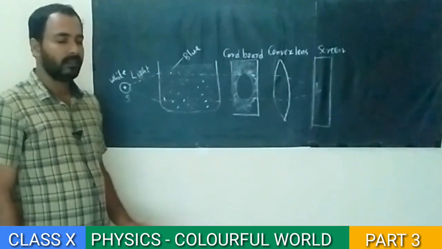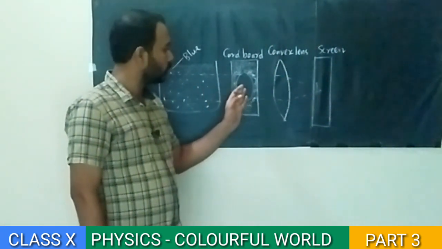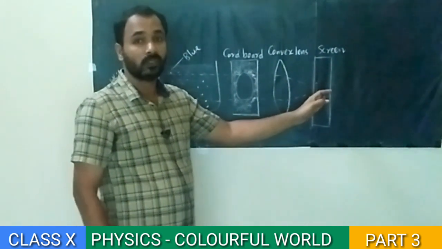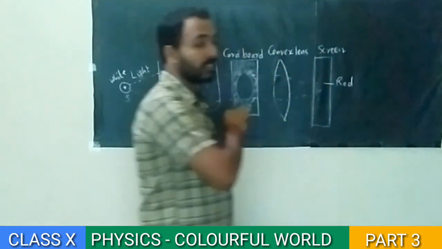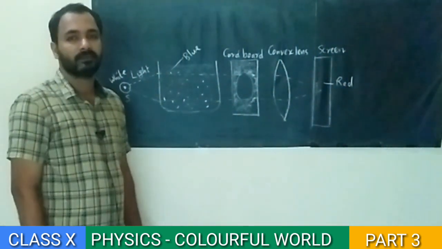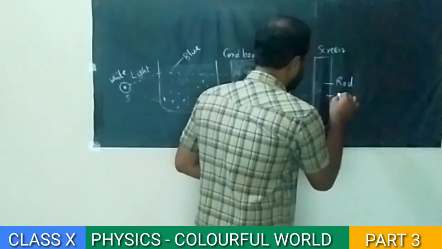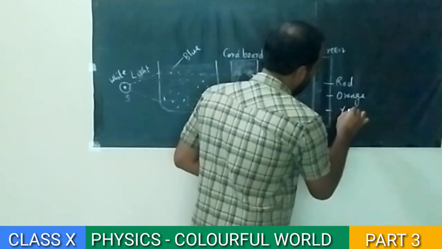Then red color passes through and reaches the screen. On the screen, red color reaches first, then orange, then yellow.